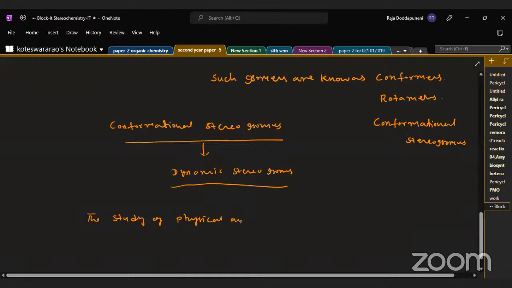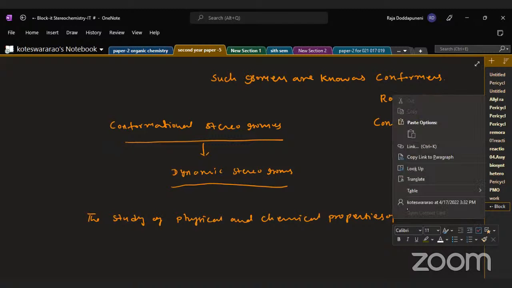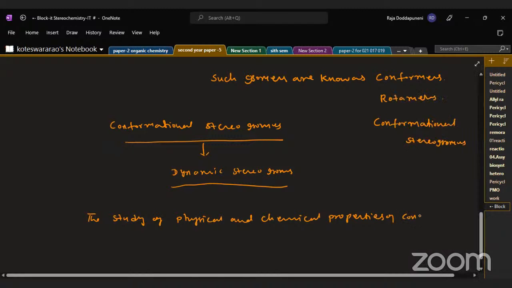the study of physical and chemical properties of conformational stereoisomers is known as conformational analysis.